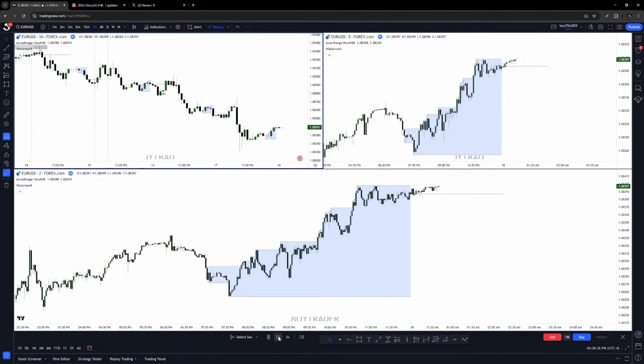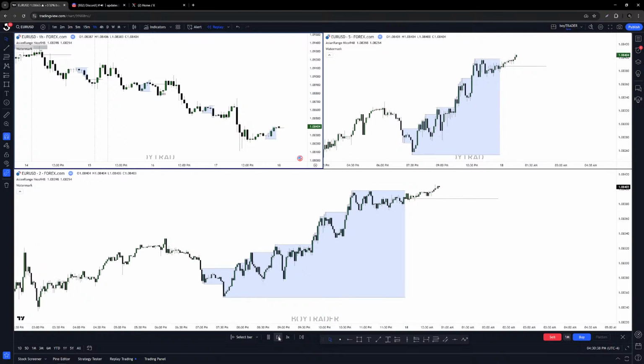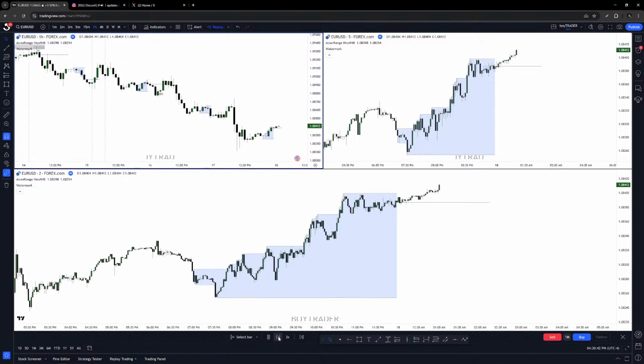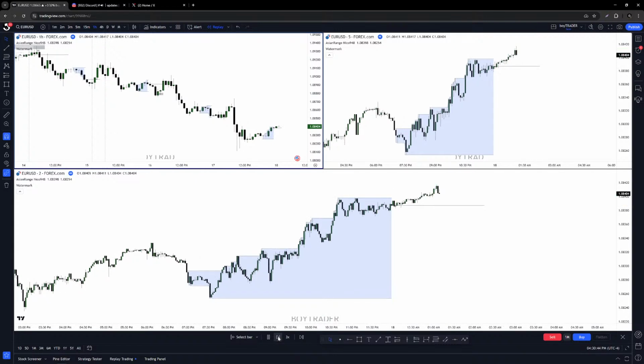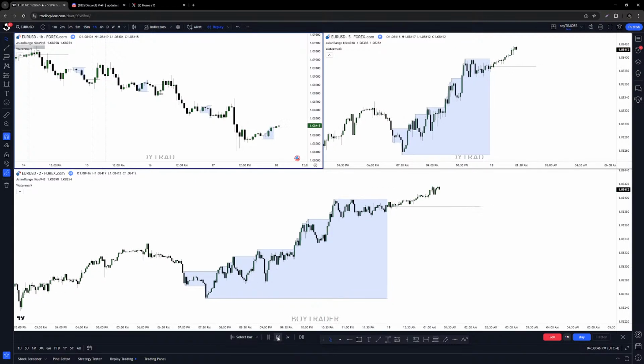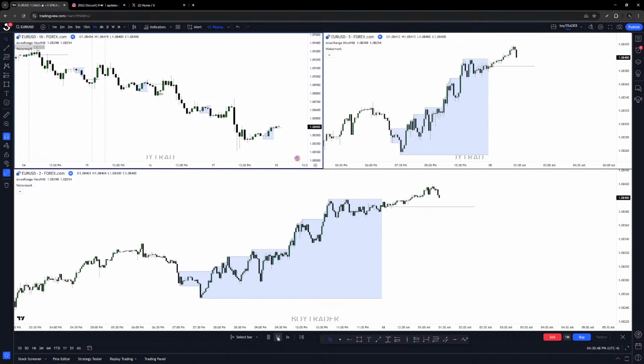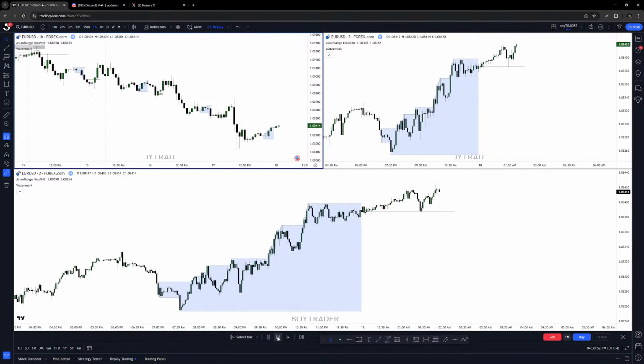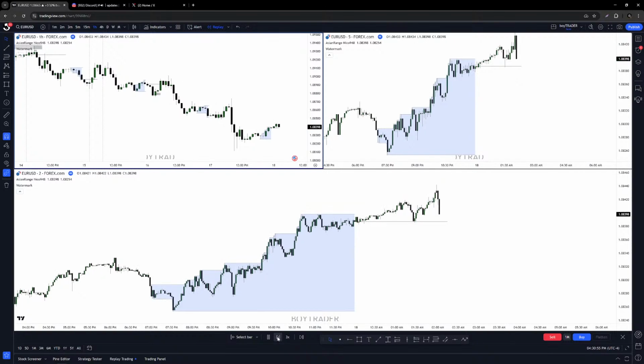So wait for 2 o'clock as usual. We've already taken out the high of the Asia range, and 2 o'clock, yeah, so that's the 2 o'clock candle.